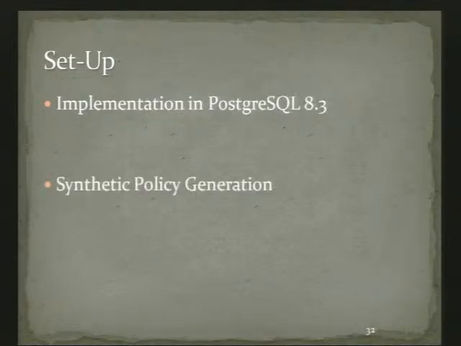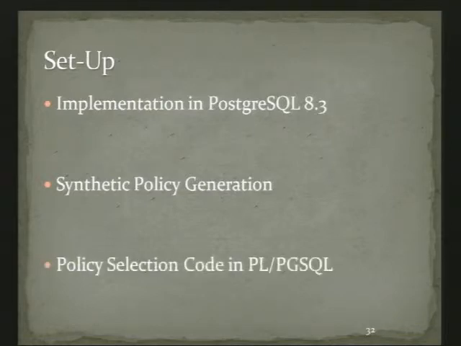We generated policies randomly: you select attributes and randomly assign values to them, and that's how we generate synthetic data. The policy selection code was in the procedural language of PostgreSQL, PL/pgSQL. We didn't write it in C, which would have been much faster. Anyway, just to see how it looks.